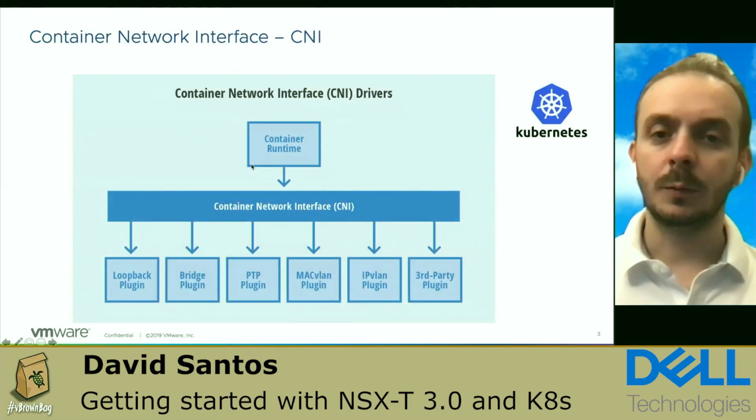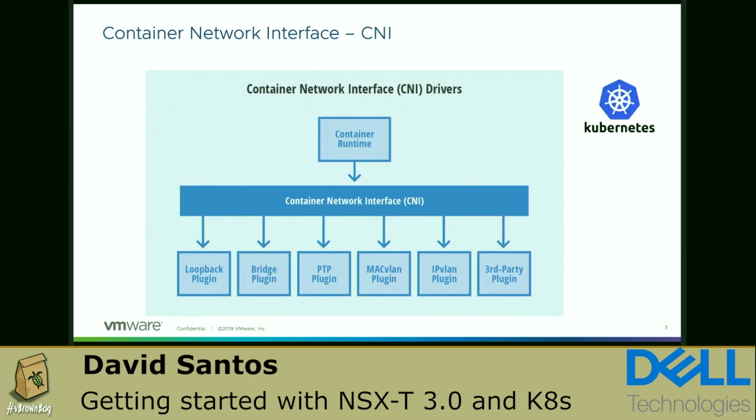So Kubernetes uses something called Container Network Interface, or simply CNI. This allows some vendors like VMware to develop a third-party plugin to integrate with Kubernetes and deliver network.